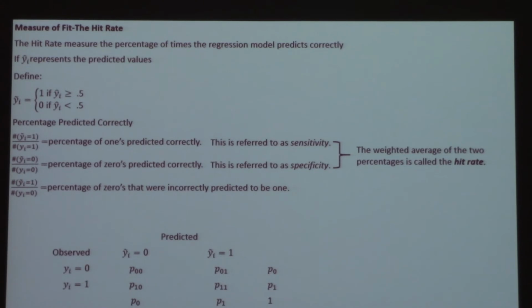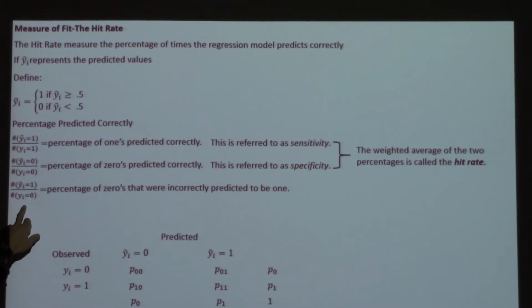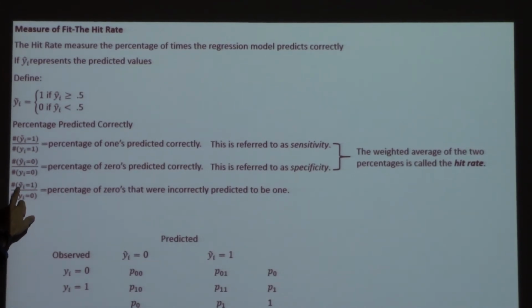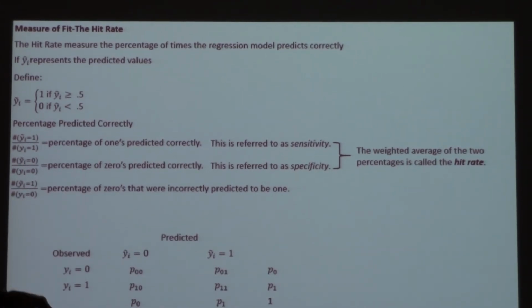And very often you're asked to show these. So these are your incorrect predictions. So this is people that didn't buy, that were incorrectly predicted to buy. So they didn't buy, but they were predicted to be ones.